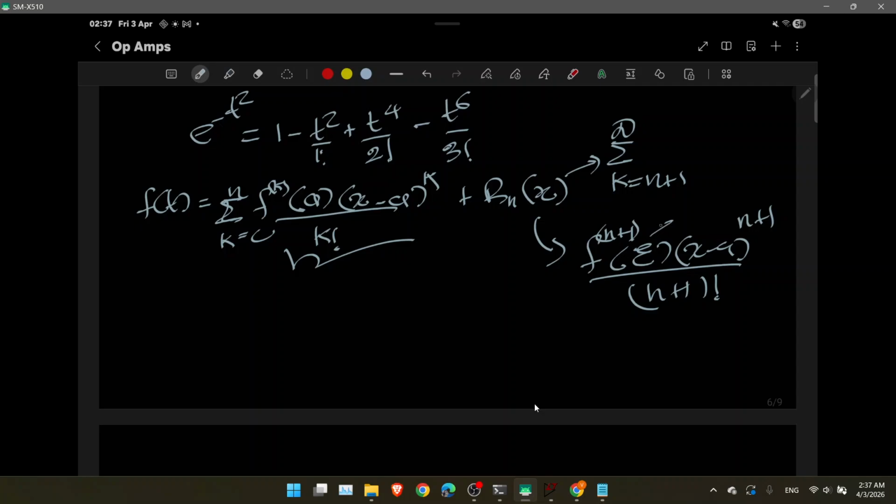Zeta is something between the x value and the a value. It is greater than a, and it is less than x. So in this form also you can write the Taylor series.